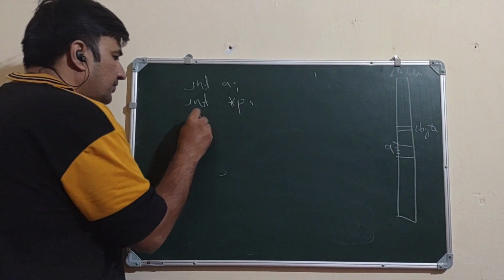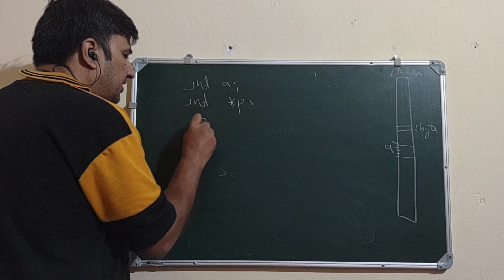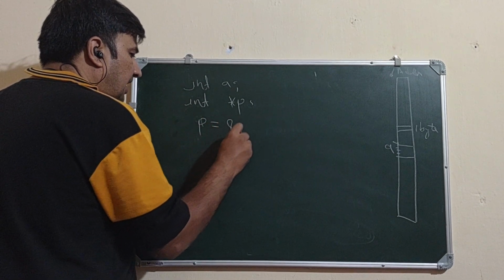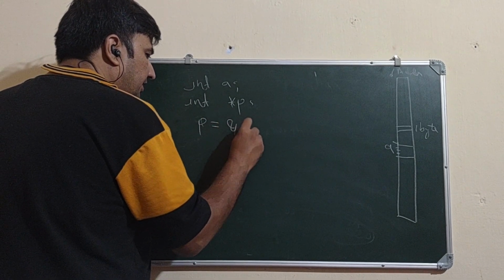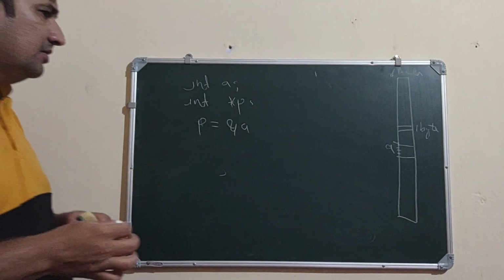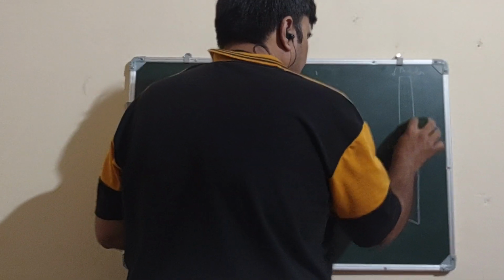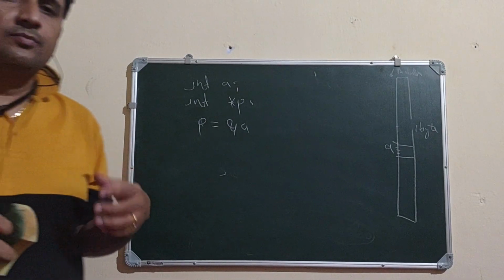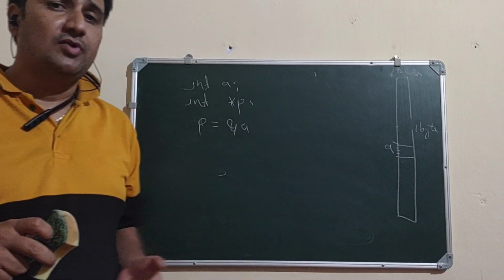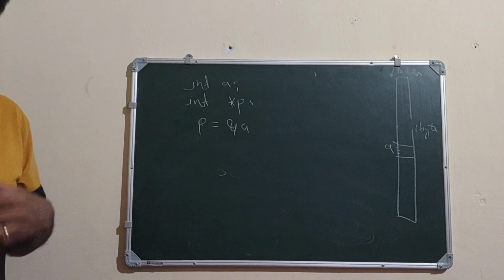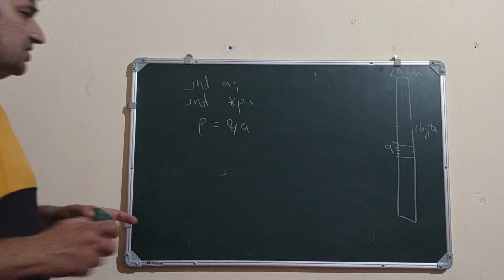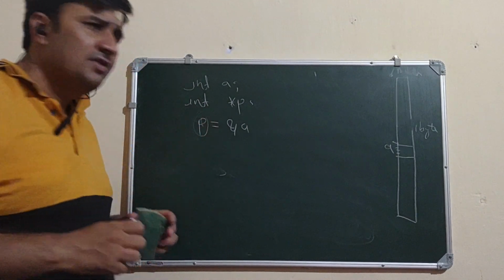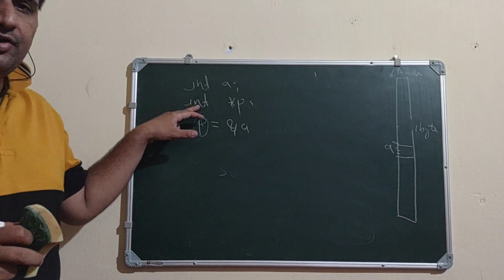Now let us assume I say p equals &a. When you create a variable p, for the time being, let us assume the compiler can allocate up to 4 GB of memory. If it is allocating up to 4 GB of memory, the size of the pointer will be 4 bytes, irrespective of what it is pointing to.